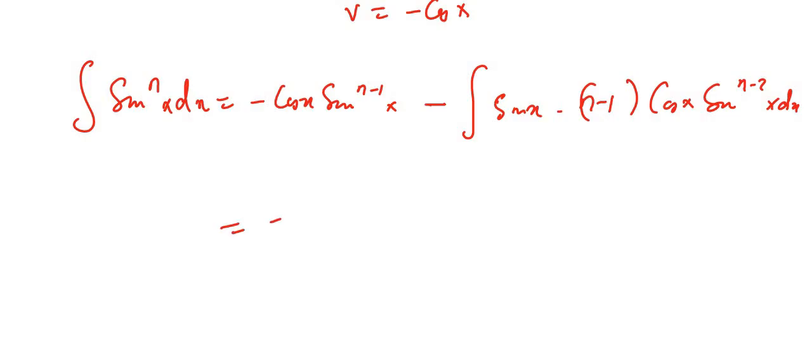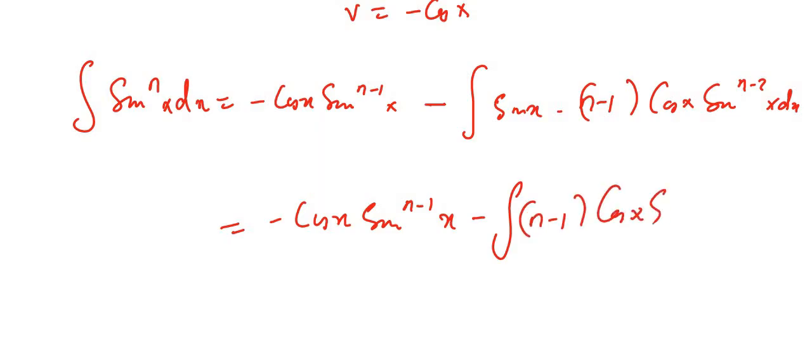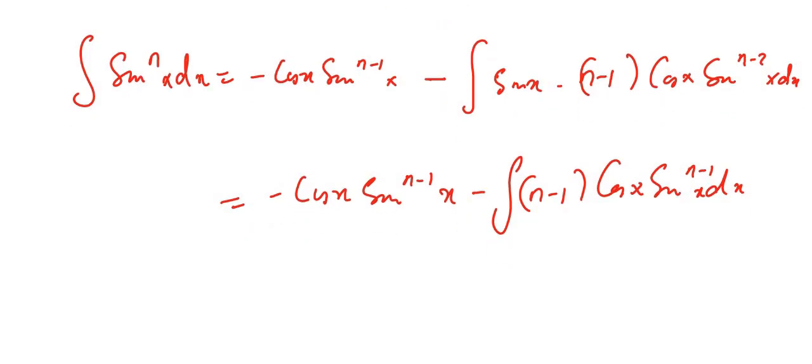This is going to give us negative cos x, then sine n minus 1 of x. So we're going to have the sine times the sine n. This is only going to leave us with cos, this sine n minus 1 again dx. This is what we're having. Cos x, then sine n minus 1 x.